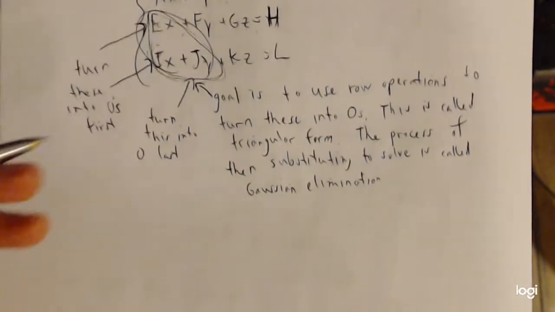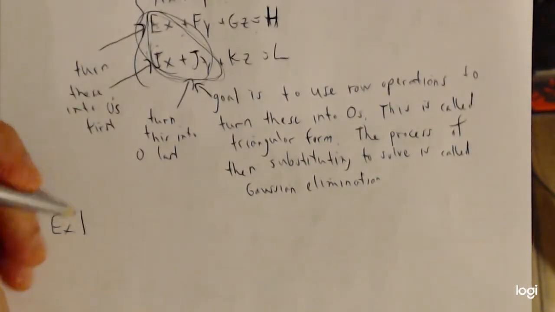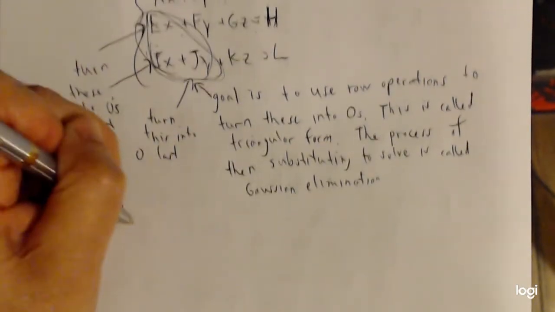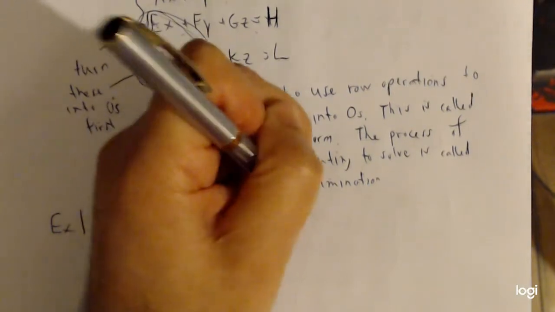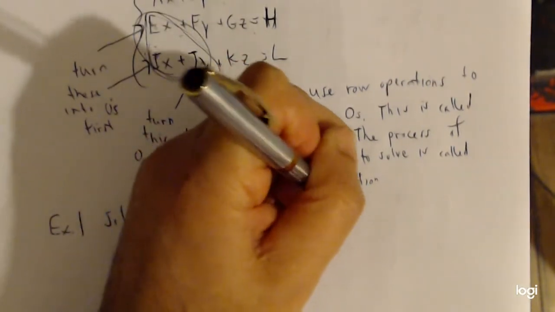So for example 1, we're going to solve the system using Gaussian elimination.